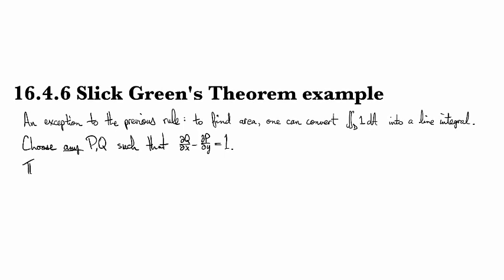Okay, so then if you want to find the area of some region, then typically you could set this up as a double integral over D of 1 with respect to area, right?